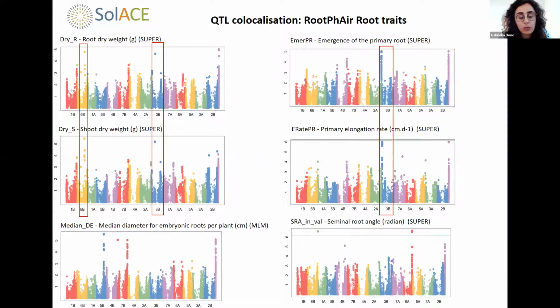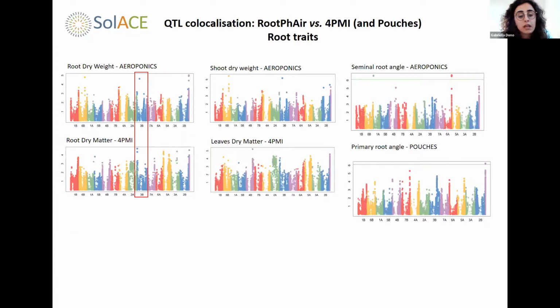Then we tried to make some comparisons between different platforms. Indeed, the durum-wheat collection was phenotyped in 3 high throughput root platforms: root PhenoAir, the 4PMI, and the pouches experiment. So for us, it was interesting to see if there were some QTL colocalization between same variables measured with different platforms.